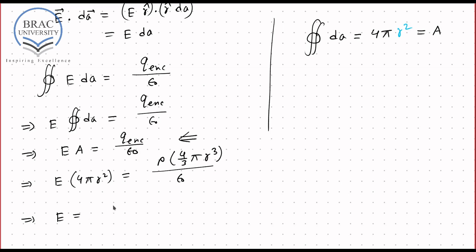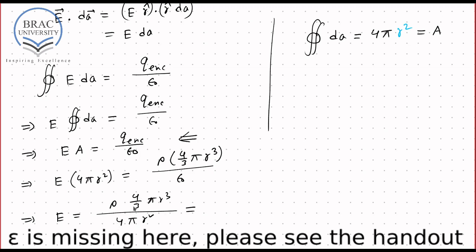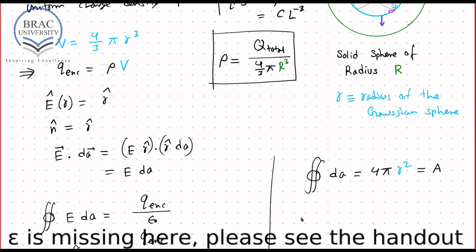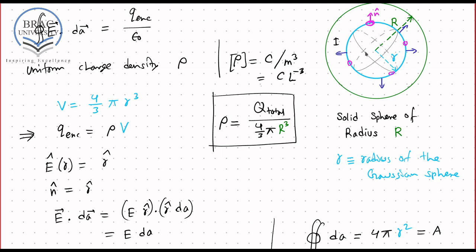E equals rho times 4 by 3 pi r cubed divided by 4 pi r squared, and you are left with, 4 cancels out, pi cancels out, you are left with rho r over 3. Yeah, that's it. That's the magnitude of the electric field at a distance r from the center, at this point of the Gaussian surface.